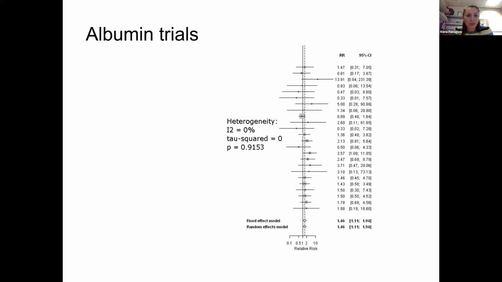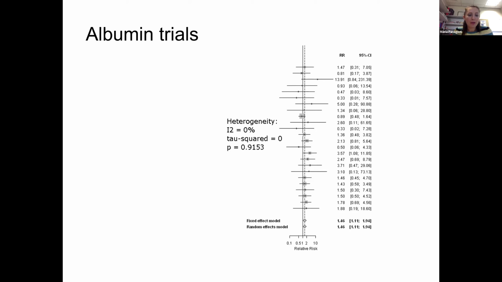In this case, the meta-analysis software typically allows you to report both fixed effects model results and the random effects model results. And in this case, because there is no heterogeneity, we find that both of them are the same. And this is what we want in most of the cases. This is an ideal scenario, basically.